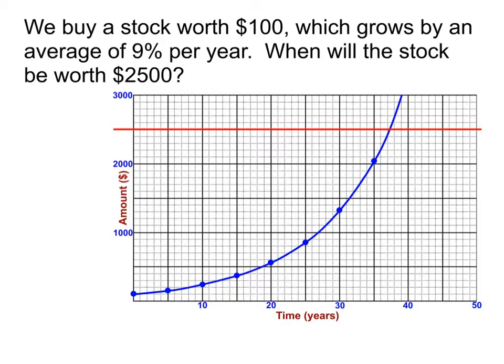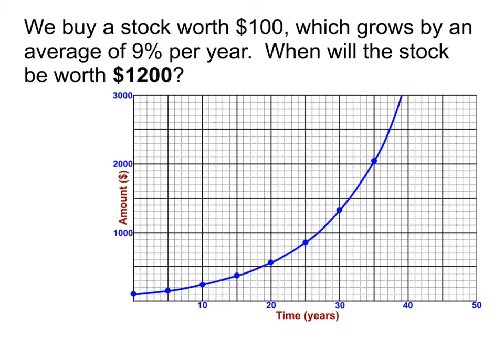You'll notice that it appears to be between 37 and 38, and I can always follow it down to see. If it's between 37 and 38, looks like it's closer to 37, I'd say maybe 37.2, 37.3, right in that area there.